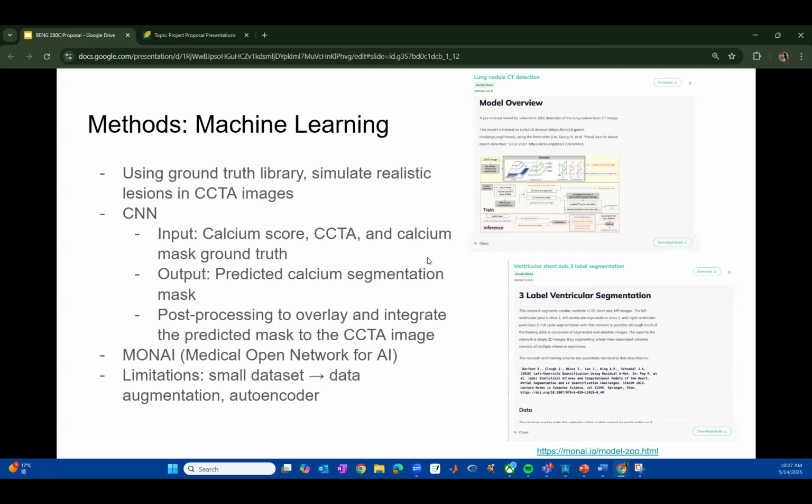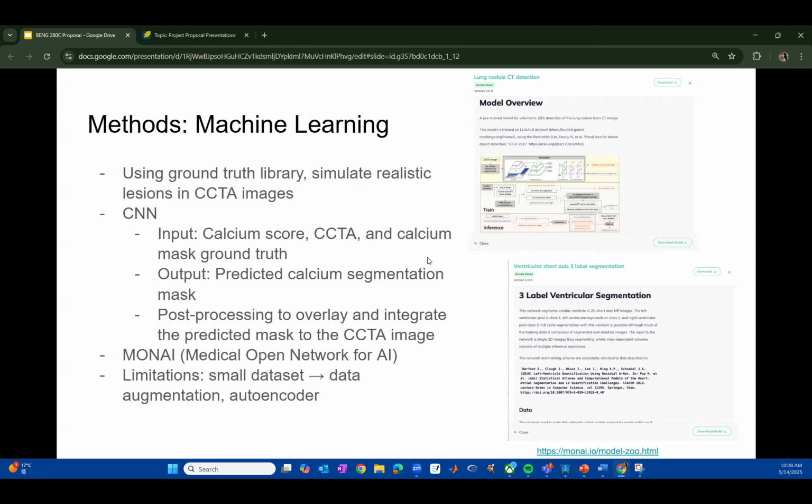And then the output will be a predicted calcium segmentation mask. And then that output, the predicted mask, is compared to the ground truth to evaluate the model's performance. So once we have the output from the model, we will use some post-processing to overlay and actually integrate that predicted mask into the CCTA image.